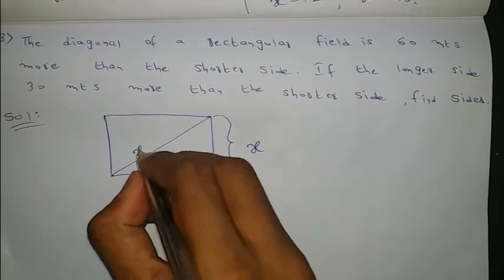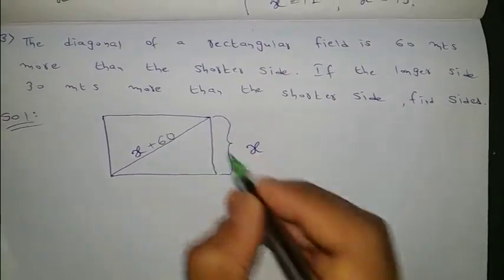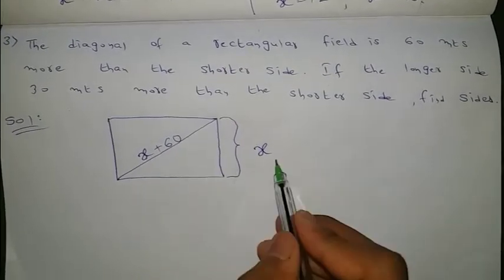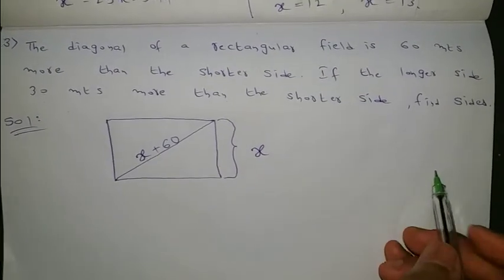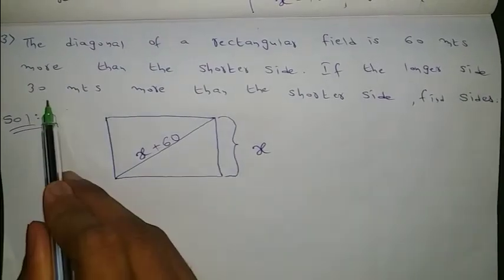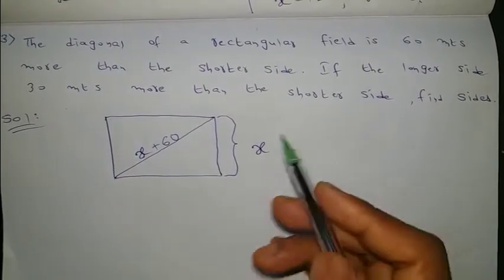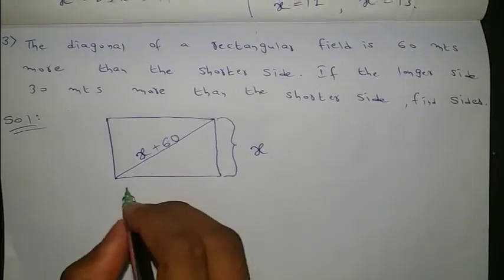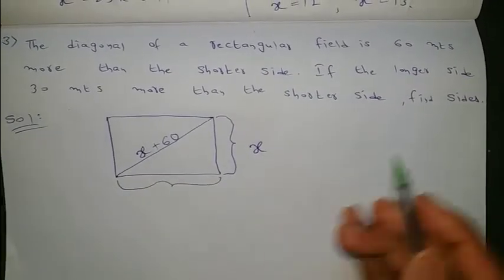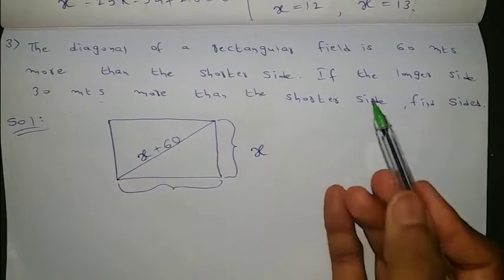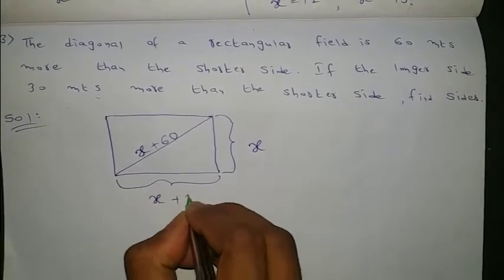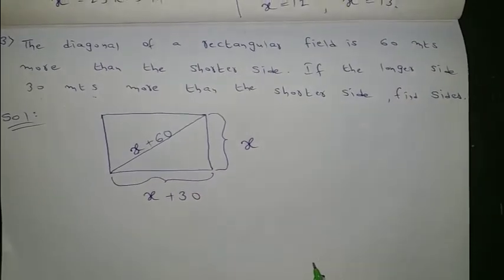So this diagonal will become x plus 60 because diagonal is 60 meters more than the shorter side. Next, if the longer side is 30 meters more than shorter side, x is the shorter, so this will be x plus 30.